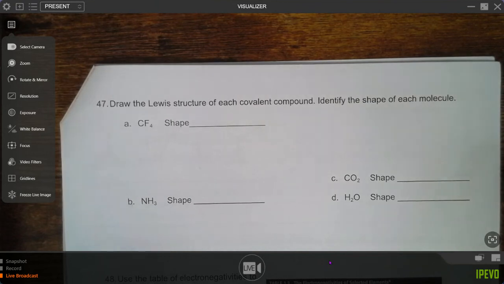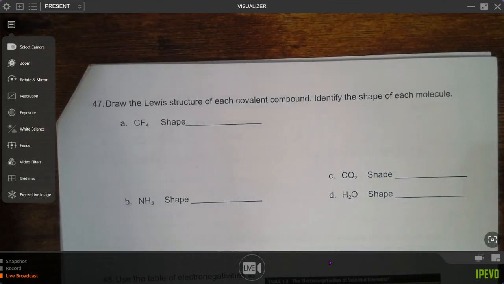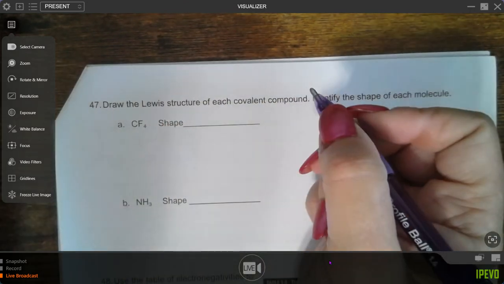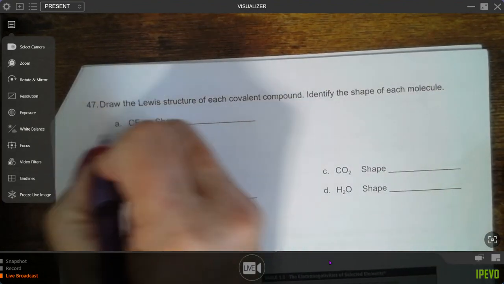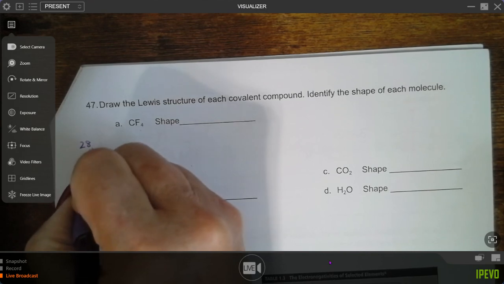Okay, Lewis structures. Remember what you've got to look at. You have to know the number of valence electrons. So, for example, carbon has 4 valence electrons. Each fluorine has 7. So that tells us that we have 7 times 4 is 28, plus 4 for carbon is 32.